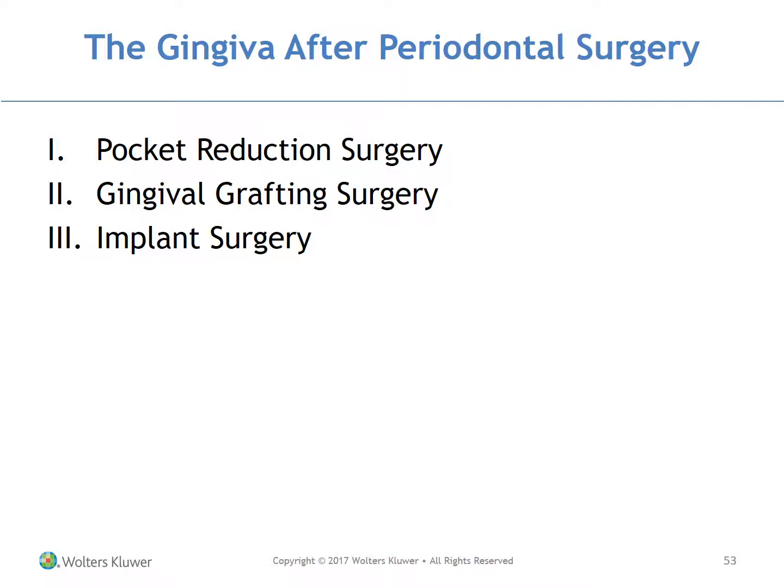So with pocket reduction surgery, they're bringing that gingival tissue down so that it's at a depth where the patient can clean it, okay? So maybe it was an 8 mm pocket, they're going to reduce it down to a 5 mm pocket by trimming away the gingiva, smoothing the bone. And so they're going to bring it down to a 3 mm so the patient can clean it, but then that's going to open the embrasure space, okay? And so that kind of happens with implants too. They don't always get the papilla that we're looking for.